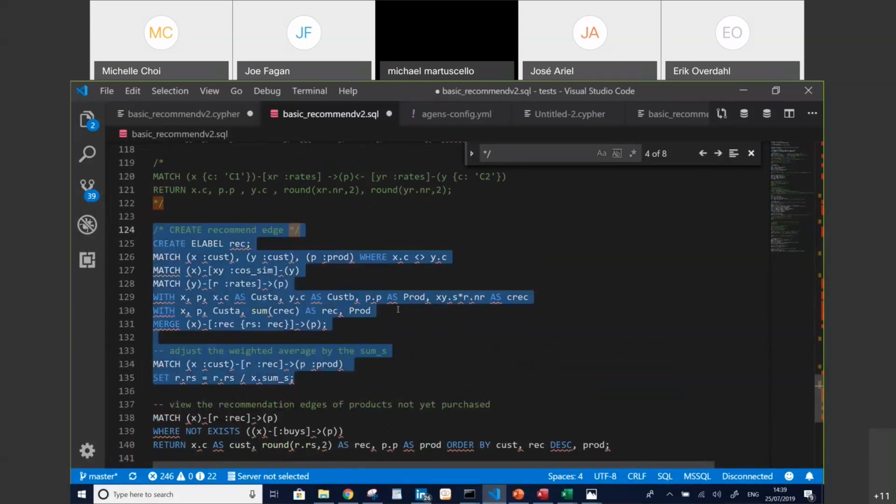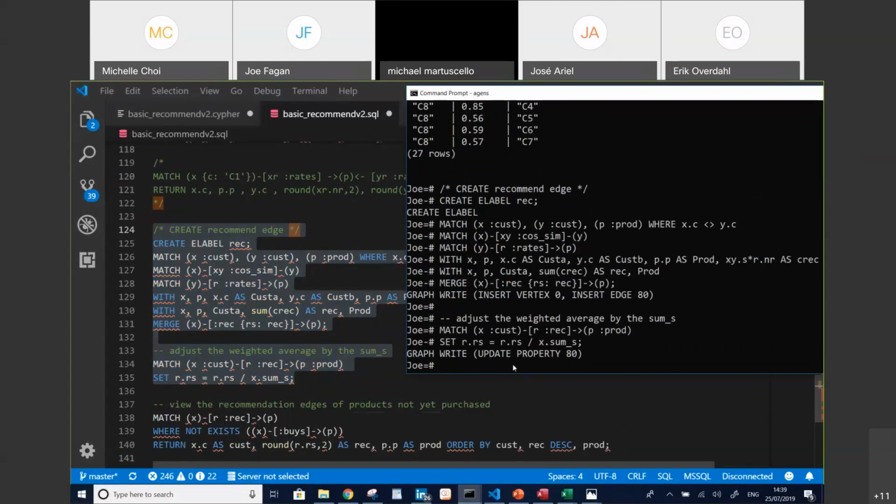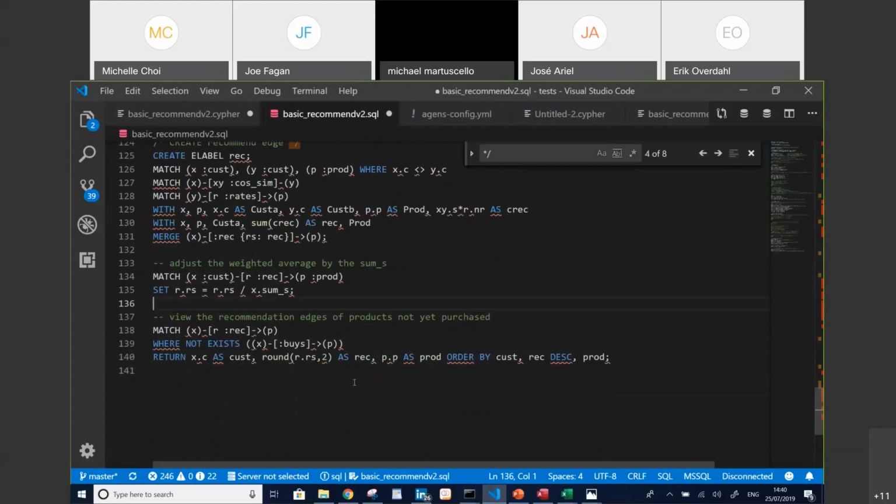So this will create all of the recommendation edges. We do this here, and that updates properties. I updated them all, not just the ones that were empty, for the simple reason that for frequently bought products like consumables, I still have that data if I need to access it. It'll give me the option to re-recommend a consumable product.